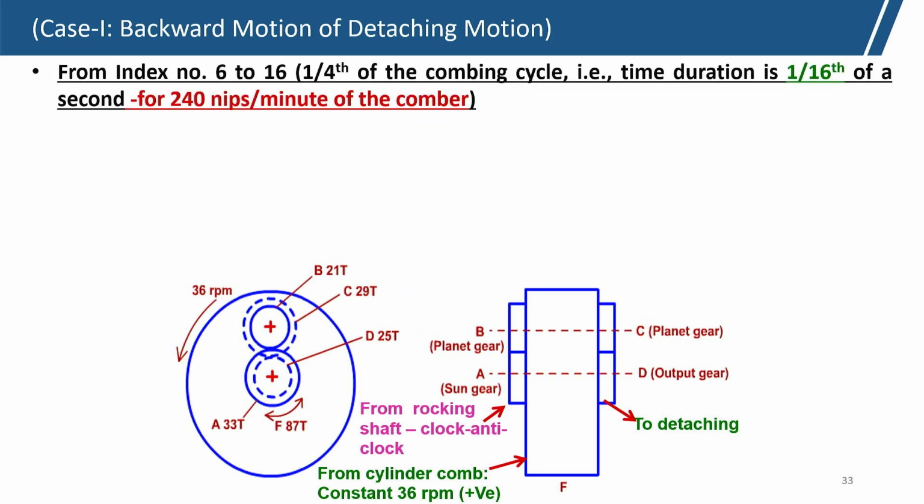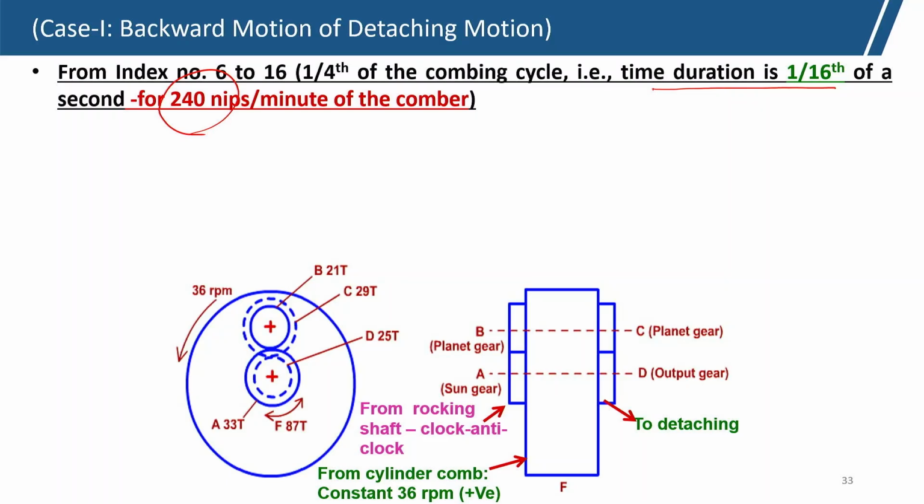Now, from the index number 6 to 16, so 10 index numbers, it is basically 1/4 of the combing cycle. 1/4 of the combing cycle means the time duration is 1/16th of a second. How is it coming? 240 nips per minute.